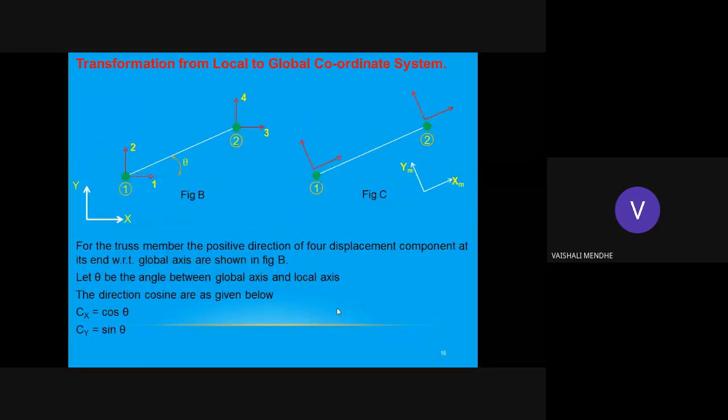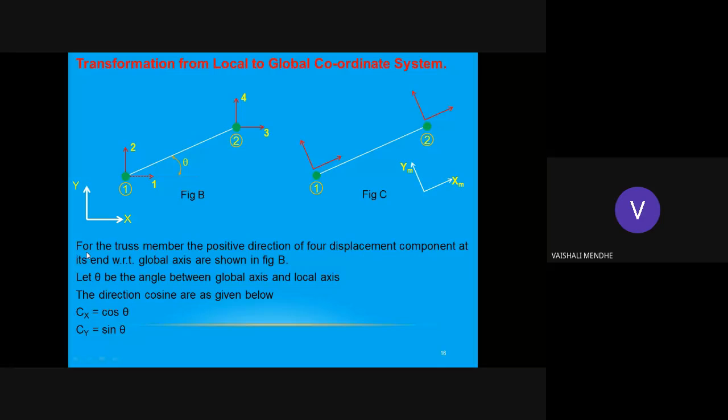In the next slide, I have referred to the same figure again. You can see theta, the angle between global x and local x. Lx or xm, Ly or ym, don't be confused here. Global x we can denote by gx and y by gy.